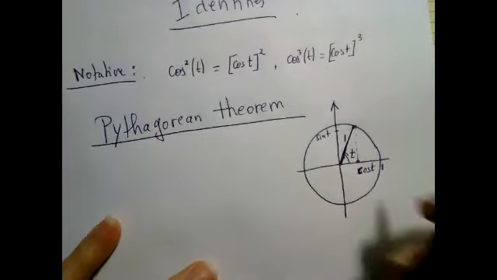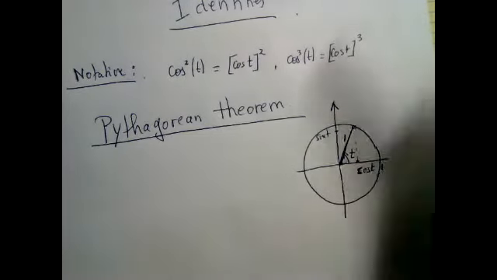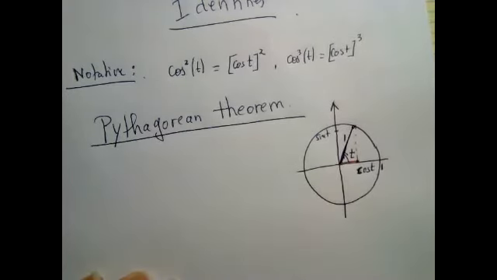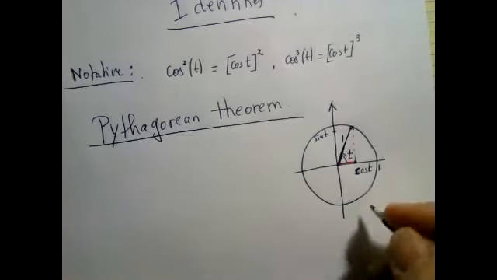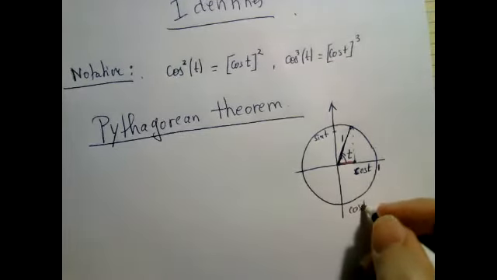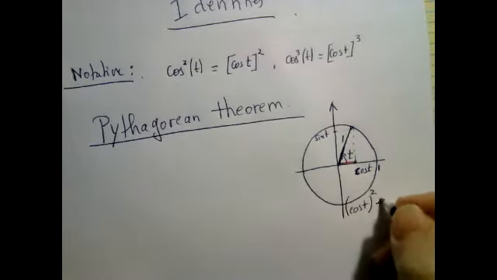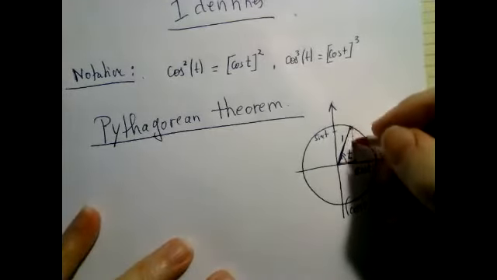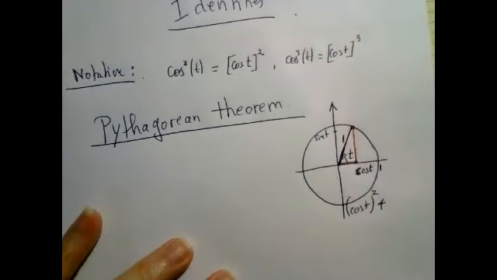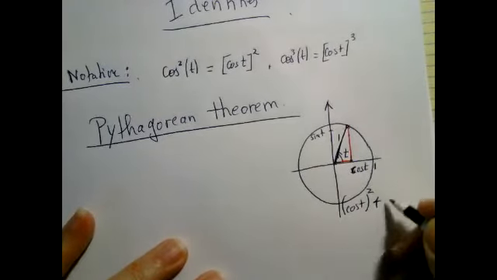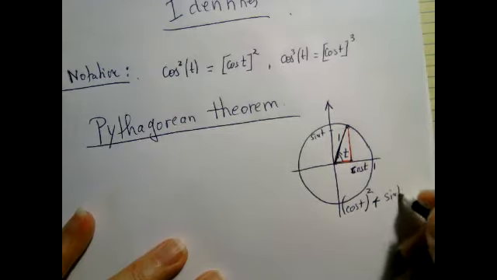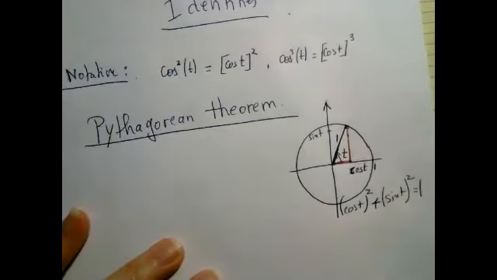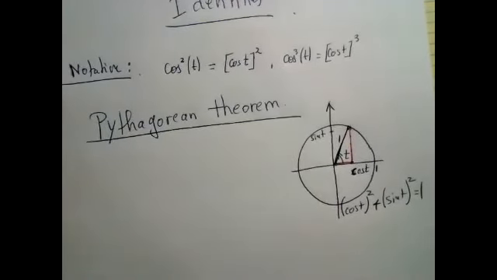So the Pythagorean theorem tells me, looking at this triangle, that this side squared, the cosine of t squared, plus this side from here to here, the sine of t squared, equals 1 because I'm working on the unit circle.